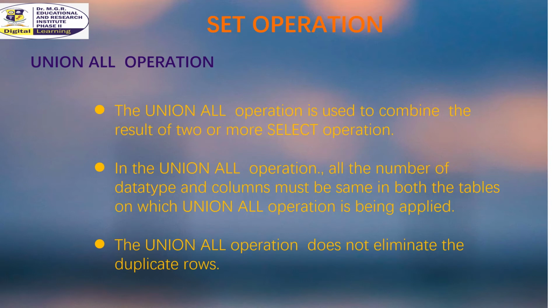Then only we can combine two or more tables by using union all operation. The important thing to be remembered while using the union all operation is that the union all operation does not eliminate the duplicate rows.